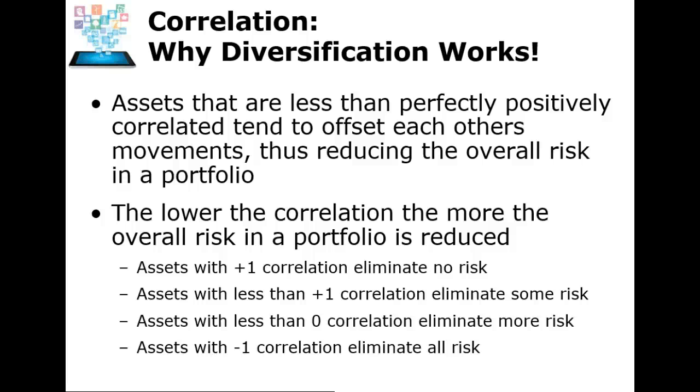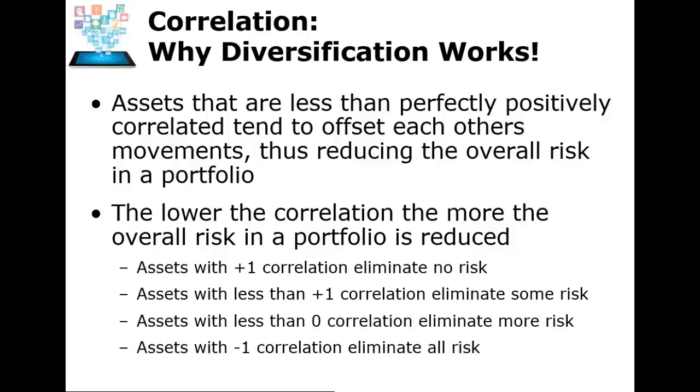So you want assets that have some positive correlation, which is okay. You just don't want to be overly positively correlated. You want some of your assets to offset others. For example, earlier we were talking about solar power and oil and petroleum products. If you built a portfolio that included oil companies and solar companies, they're not so positively correlated.